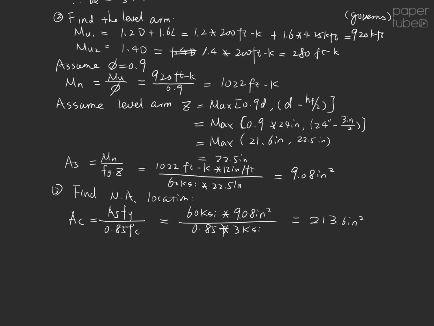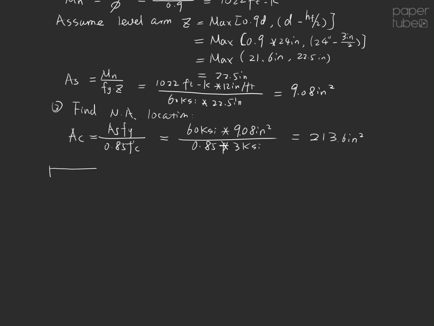Based on our BE, this is our cross section of the beam. We have the thickness of the slab as 3 inches. The BE, we calculated that as 54 inches. Your BW is 15 inches. So now we require the AC as 213.6 inches squared.